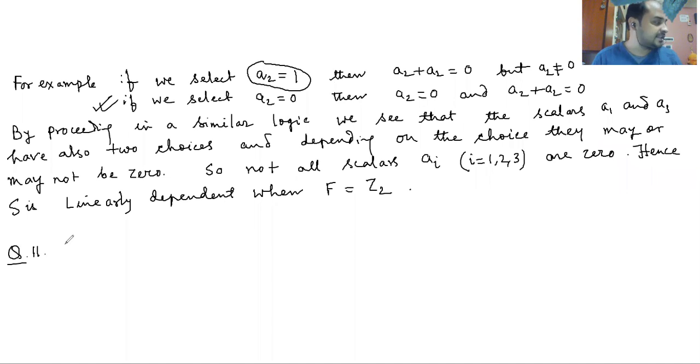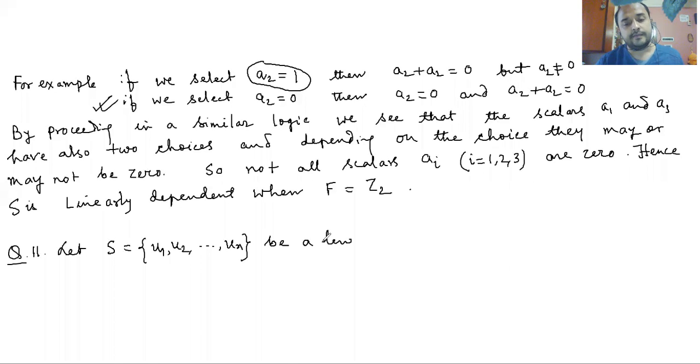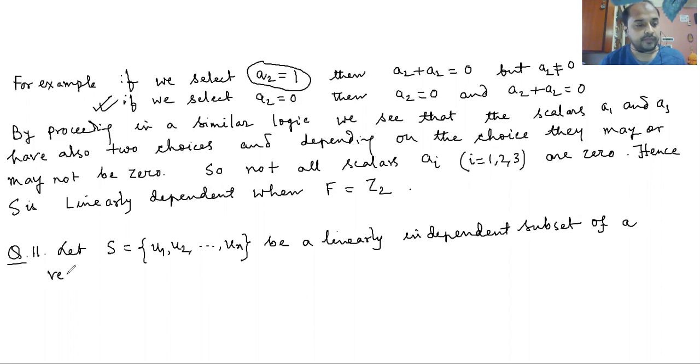The question says: let capital S equal to {u1, u2, ..., un} be a linearly independent subset of a vector space V over the field Z2.